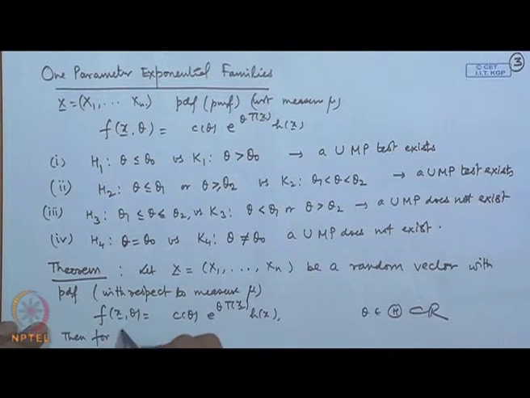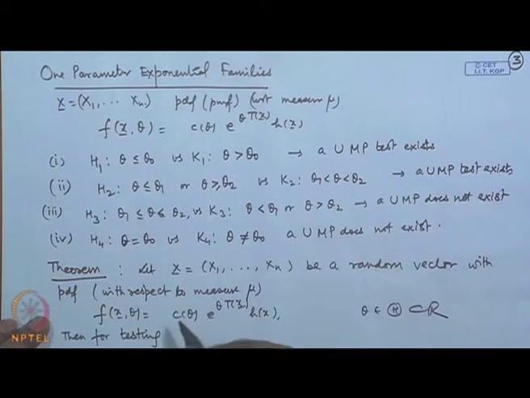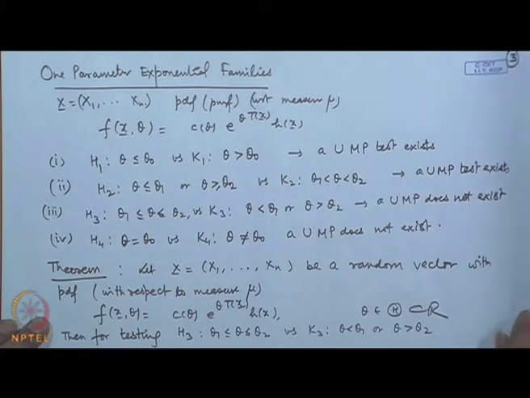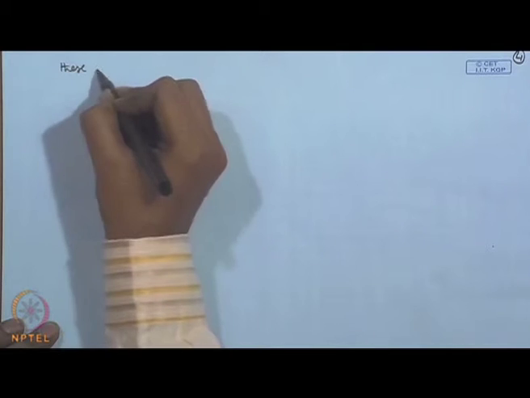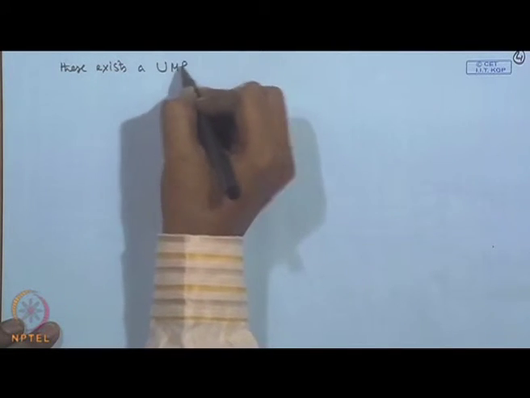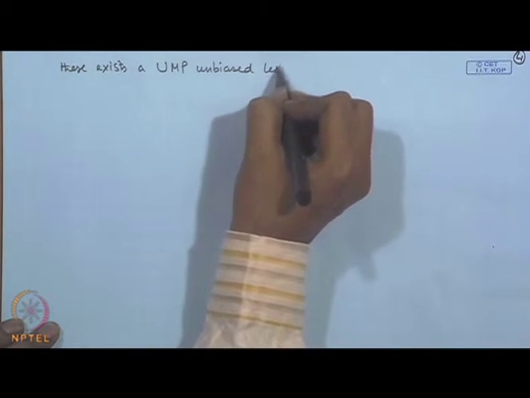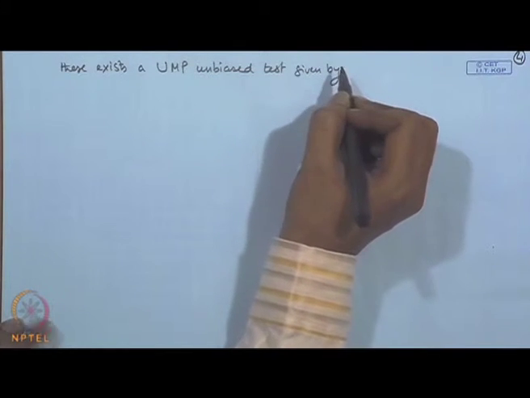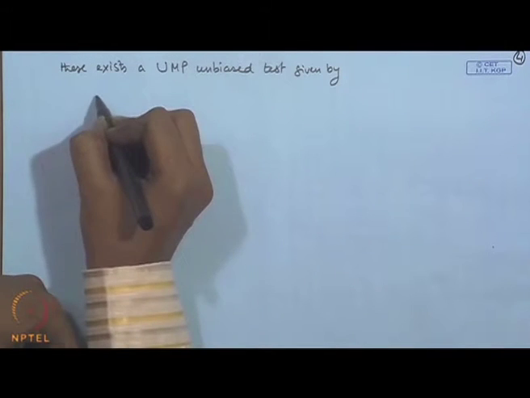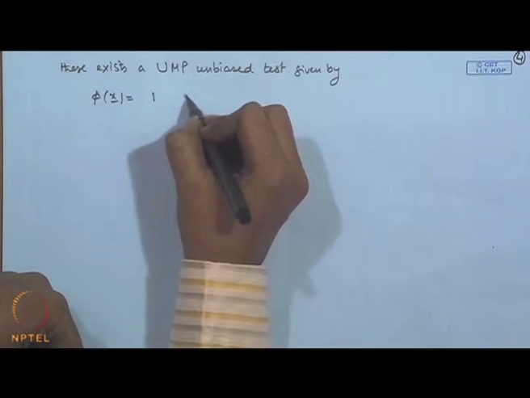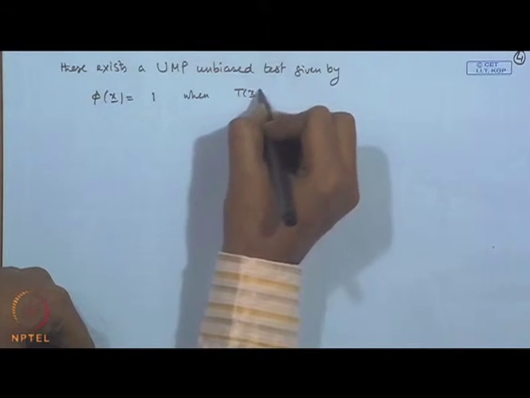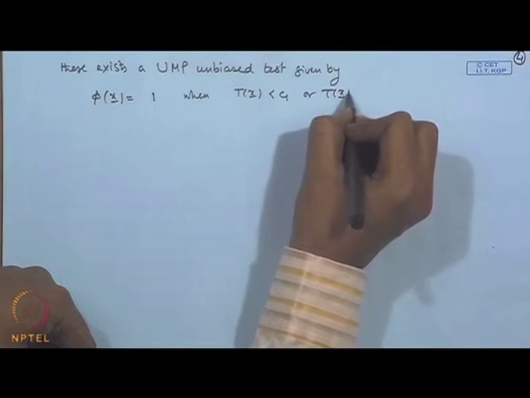Then for testing H3, that is this particular third case, theta 1 less than or equal to theta less than or equal to theta 2 versus K3: theta less than theta 1 or theta greater than theta 2, there exists a UMP unbiased test given by phi(x) is equal to 1 when T(x) is less than c1 or T(x) is greater than c2.